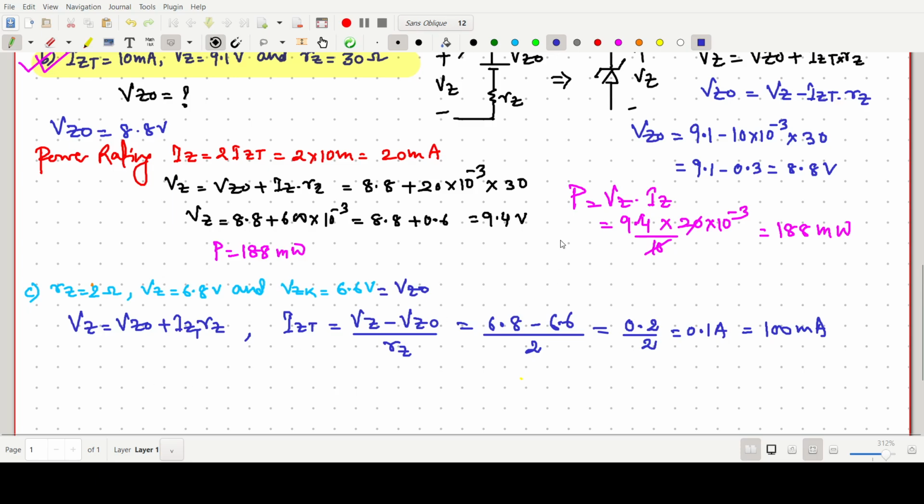Now we have to think about the power rating. Again we take Izt. The Iz value will be twice the Izt, as given in the question. So twice 100 milli means 200 milliampere. The corresponding Vz will be Vz naught plus Iz into a small rz.